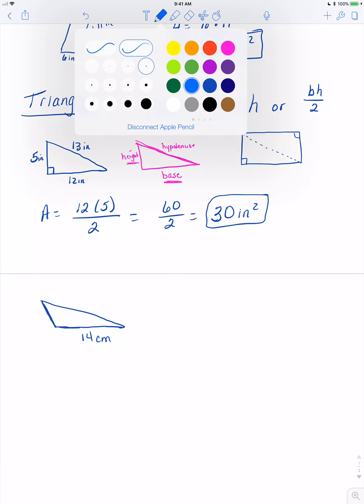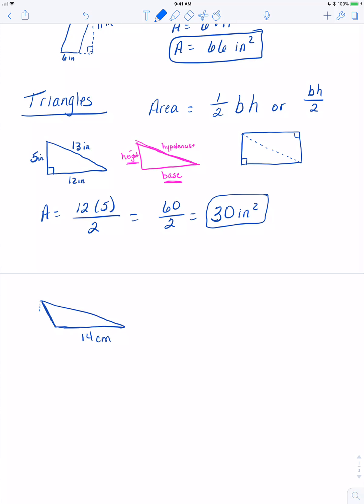So they may be giving you this little information out here, drawing those lines on out, giving you that 90 degrees and telling you that is then 5 centimeters. Okay, so you may see something that looks like that. And so this would be then your height over here. And this is still your base. They're telling you that base is actually the length from here to here.